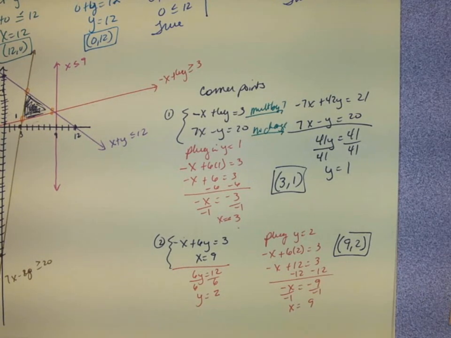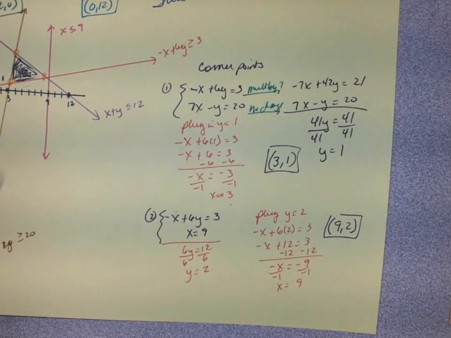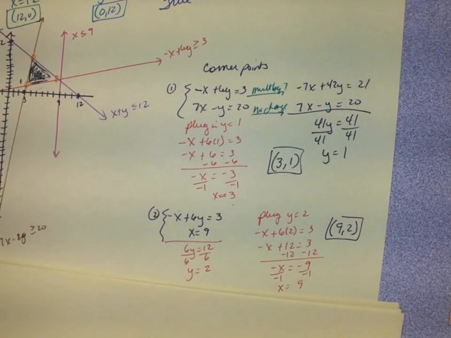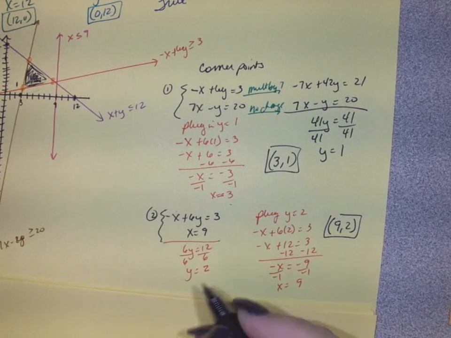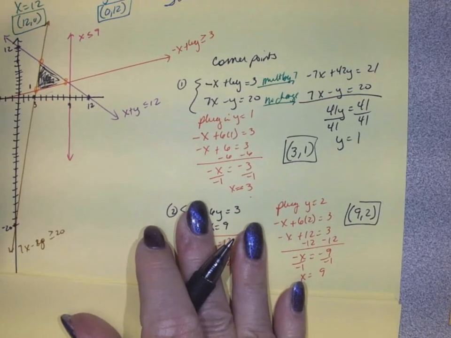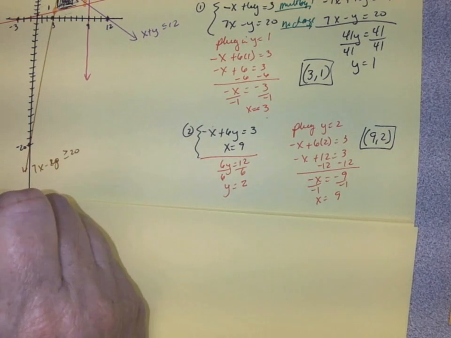So next thing we're going to do is we'll set up a third set of equations. So our third set of equations are going to be, let me move this up just a little bit. I'm going to bring the third one over here.